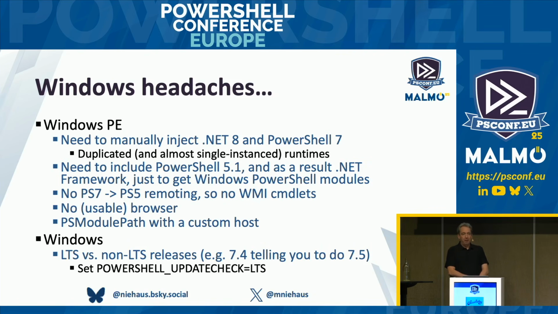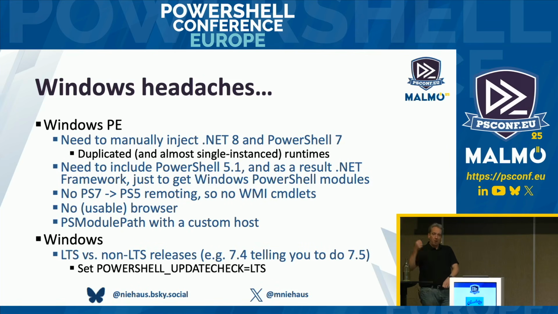We don't need it at all. We can just run everything in PowerShell 7. Nope, can't do that, because if you don't install PowerShell 5.1, all of the default Windows PowerShell modules, which we want to use, like Get-Disk and Expand-Archive and Apply-WindowsImage, all those sorts of things, they're just not there. So you have to include PowerShell 5.1 to get the modules that you can then run from PowerShell 7.